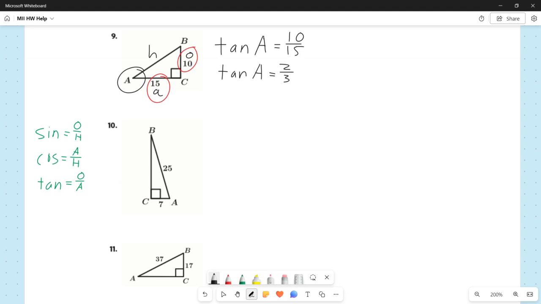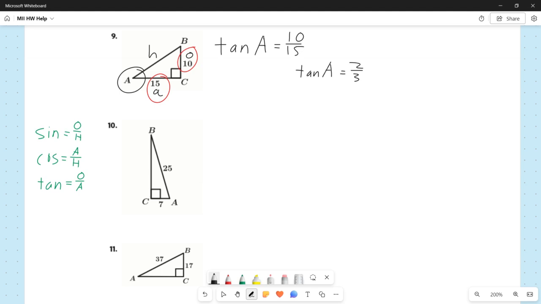I'm going to move this a little bit over here. Tangent of A is 2/3, and I want to get A by itself.